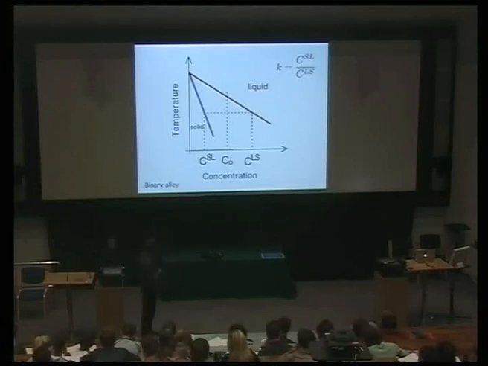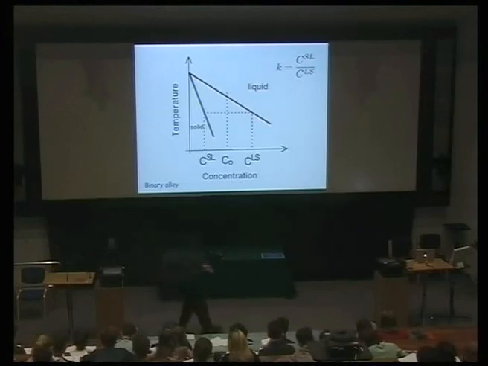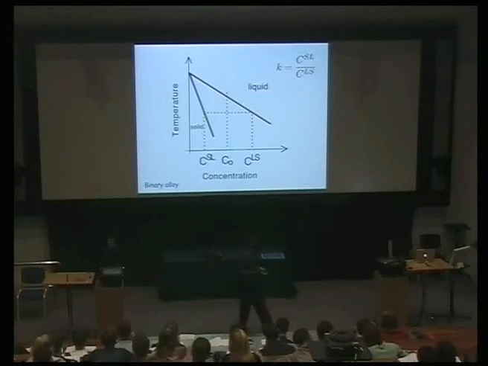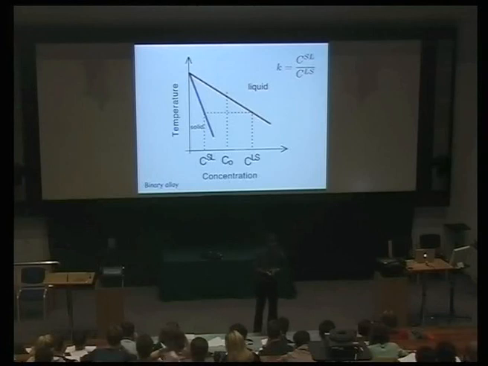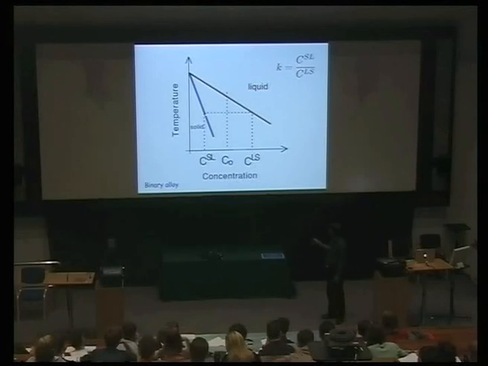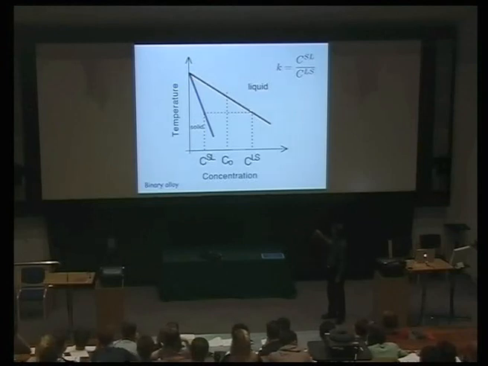And C0 represents the composition of my alloy, the average composition of my alloy. For example, I might have 40 atomic % of zinc in copper. Okay, so C0 in that case would be 40 atomic %. The terminology I use here and here represents the equilibrium composition of solid, which is in equilibrium with liquid, and this is the equilibrium composition of liquid, which is in equilibrium with solid.